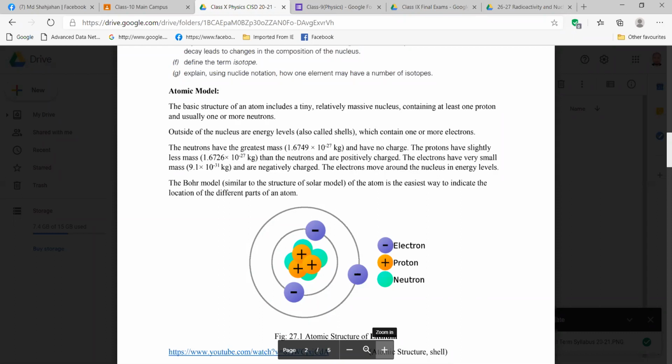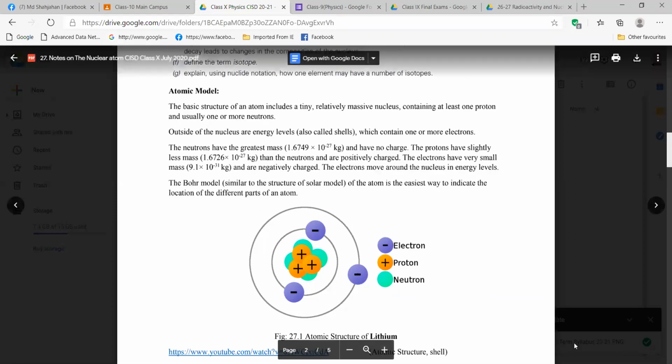The protons have slightly less mass, 1.6726 × 10^-27 kg, than the neutrons and are positively charged. The electrons have very small mass, 9.1 × 10^-31 kg, and are negatively charged. The electrons move around the nucleus in energy levels. The Bohr model, similar to the structure of the solar model of the atom, is the easier way to indicate the location of the different parts of an atom.